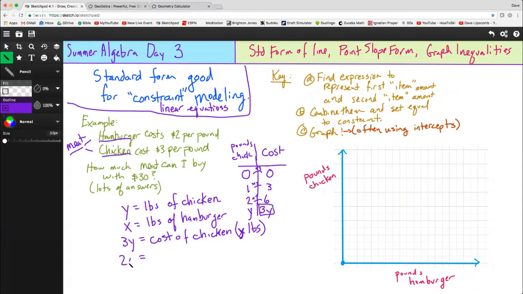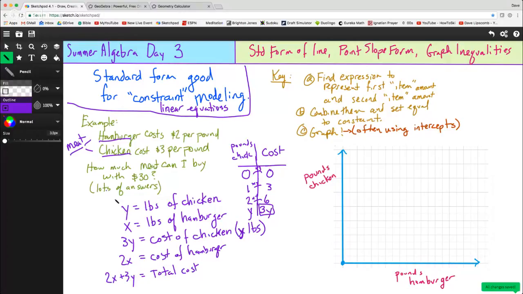Similarly, 2x is the cost of my hamburger. So 2x + 3y is my total cost, if I spend 3y on chicken and 2x on hamburger.